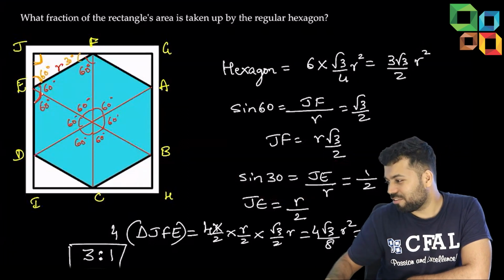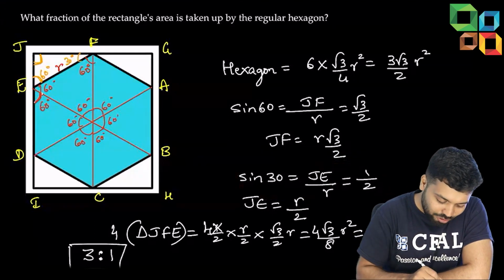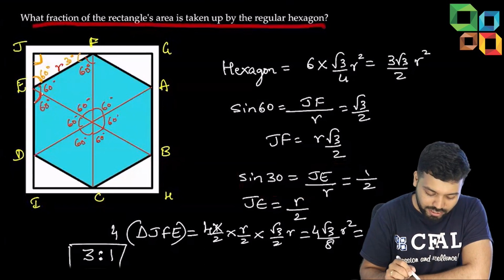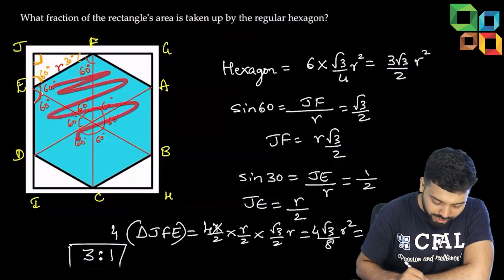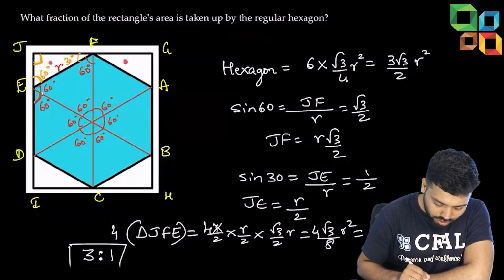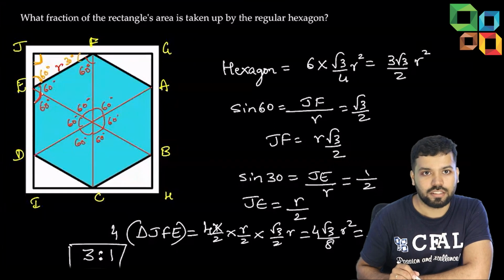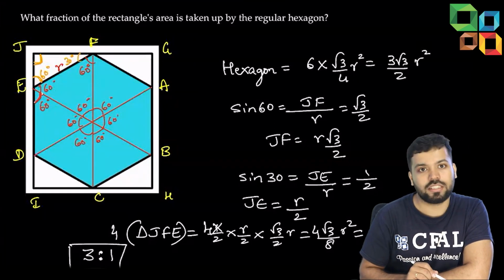Okay, the question is not complete. They have asked what fraction of the rectangle's area is taken up by the regular hexagon. So till now what we found is the ratio of hexagon to these 4 smaller triangles, that is 3:1.